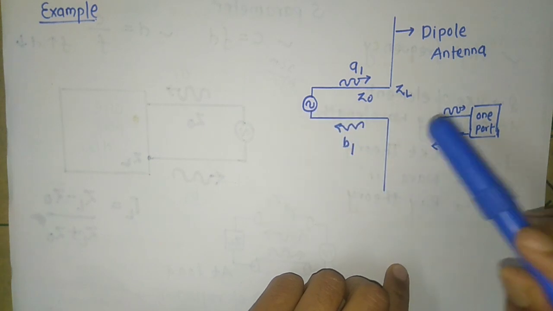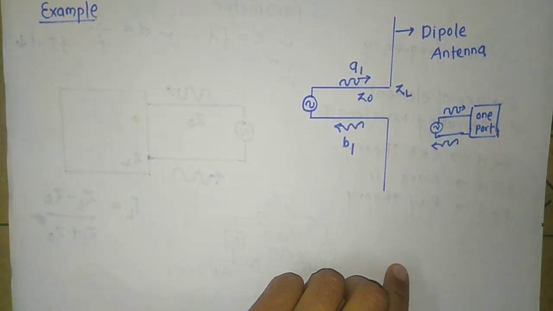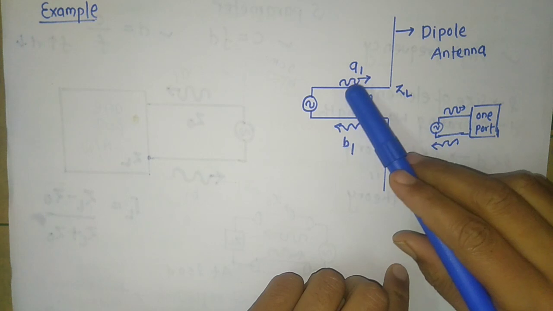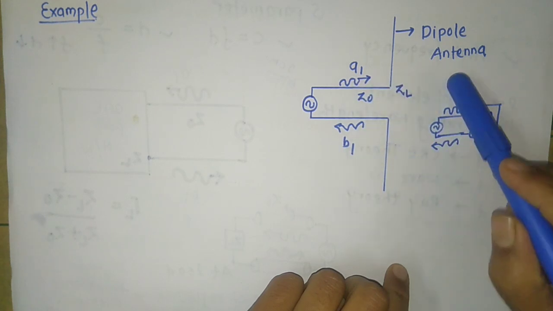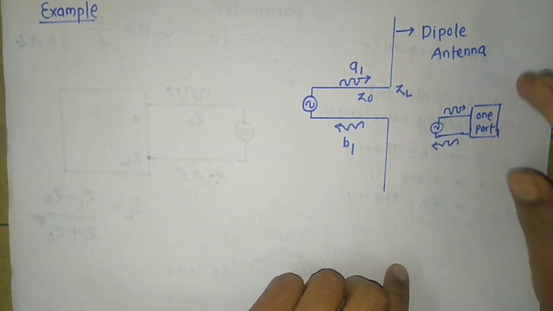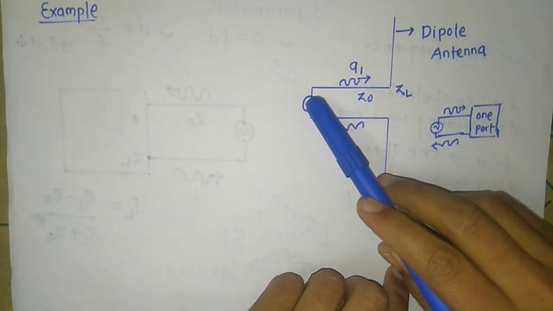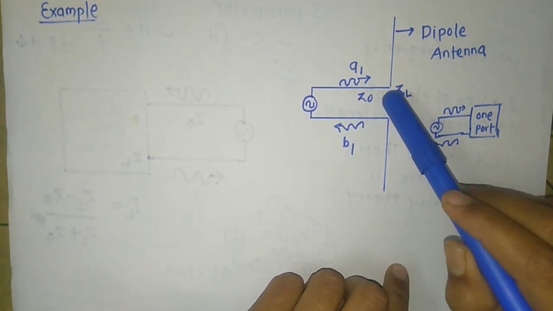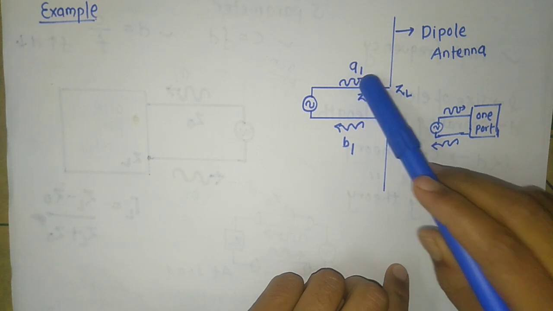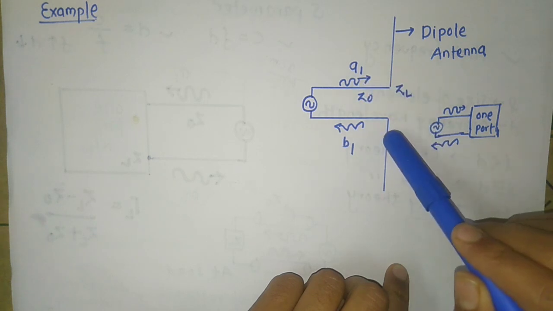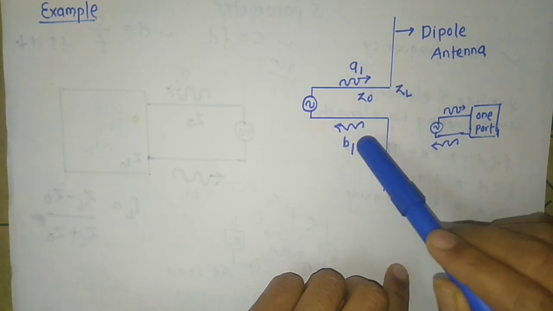So remember the things you have to remember. The first thing is, at high frequency you have to consider the wave behavior. Second thing, the combination of terminals is known as a port. Third thing you have to remember, the wave which travels from source to load is known as incident wave, and the wave which travels from load to source is known as backward wave.